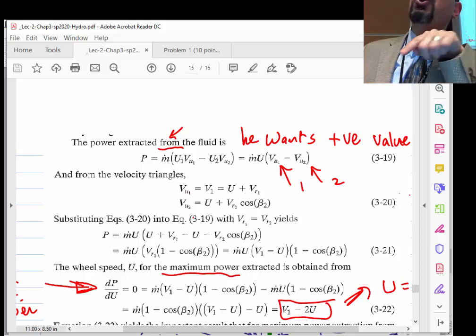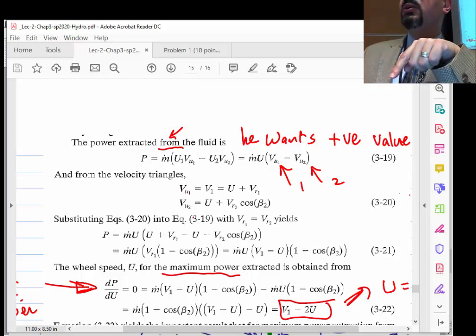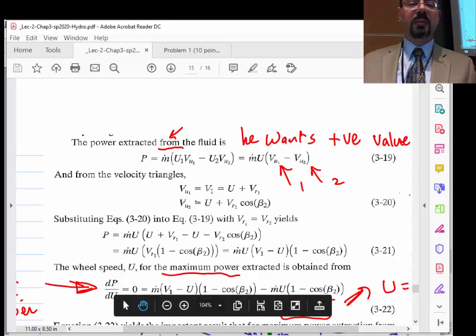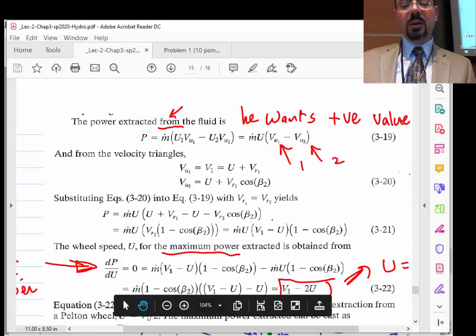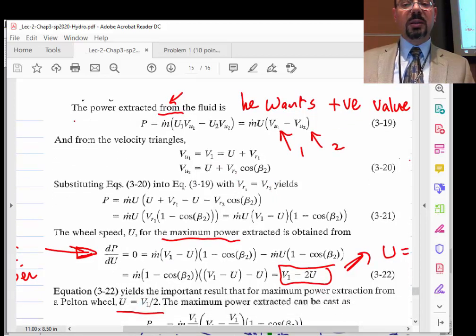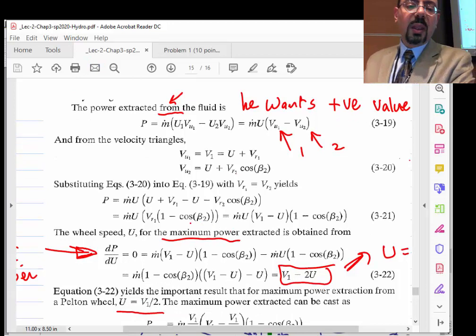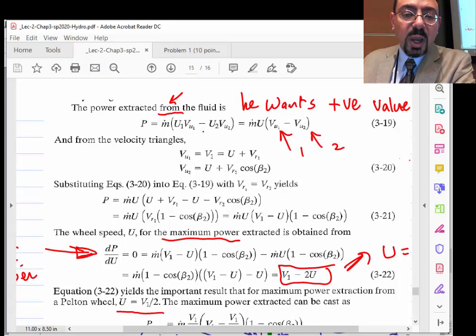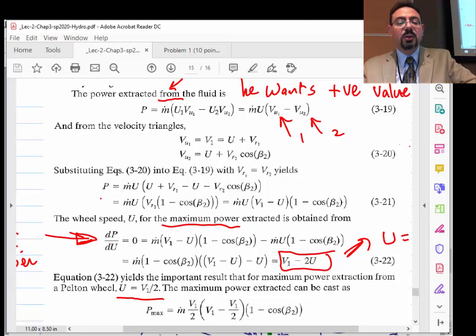Remember in our book the tangential component we call VU, because it's in the direction of U. Does this make sense? So substituting those two into the power expression, he ends up with the power as a function of U.